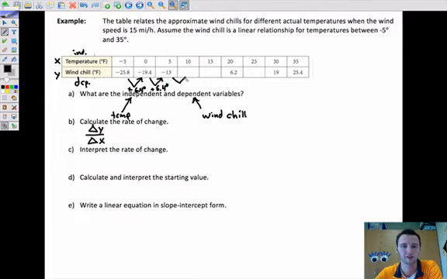And so we can fill in the rest of this table by going up another 6.4 degrees. That would be negative 6.6 degrees. And if I go up another 6.4, that would be negative 0.2 degrees.